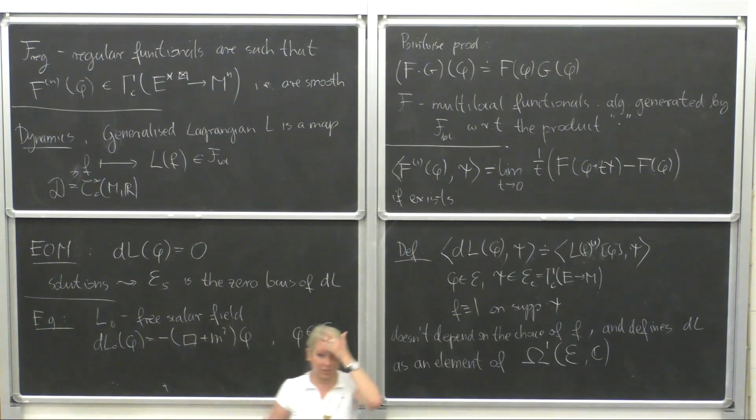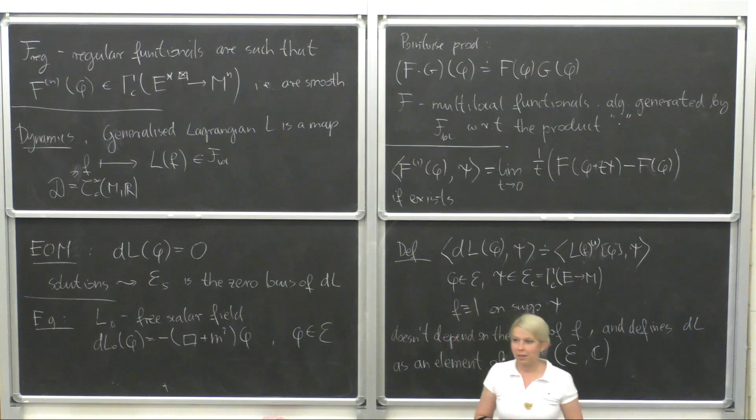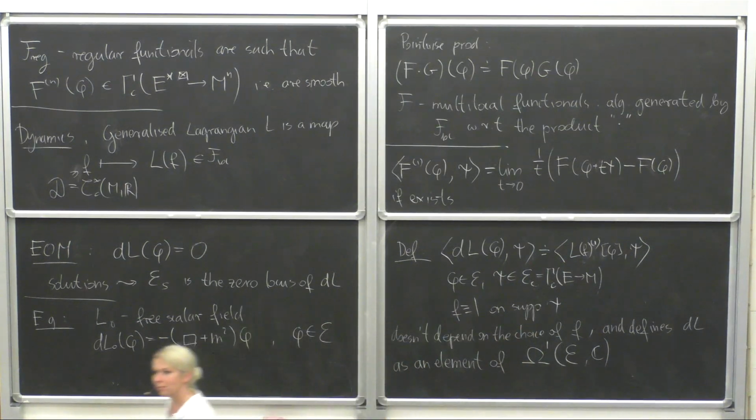Any other questions? Yes? It's not a linear function. It doesn't have to be. This is a linear function in the examples, but it doesn't have to be. So what's an example where it's nonlinear? Oh, you can take f squared.